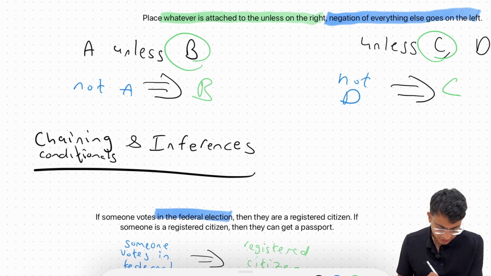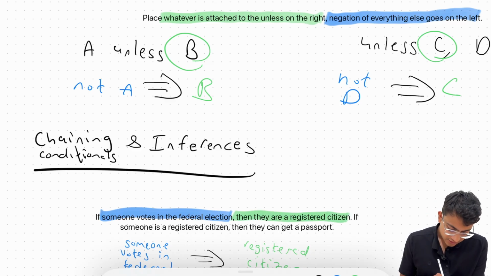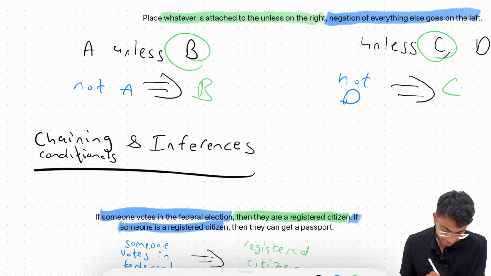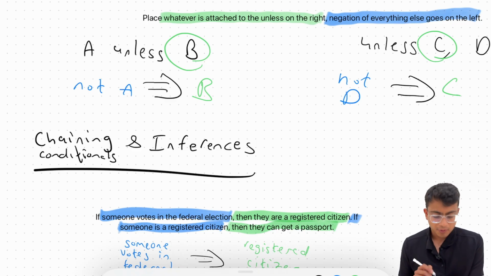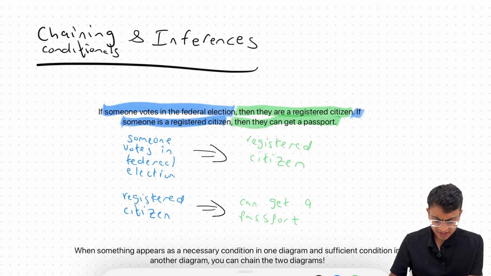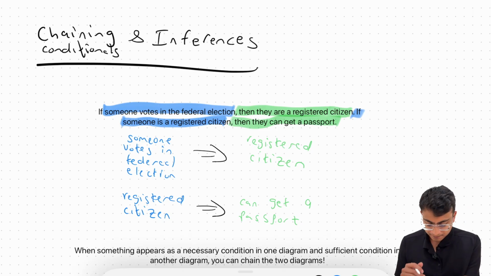If someone votes in the federal election, then they are a registered citizen. If someone is a registered citizen, then they can get a passport. So we have two if-then statements, so we'll just have two if-then diagrams, and hopefully you understand why the diagrams are like this.